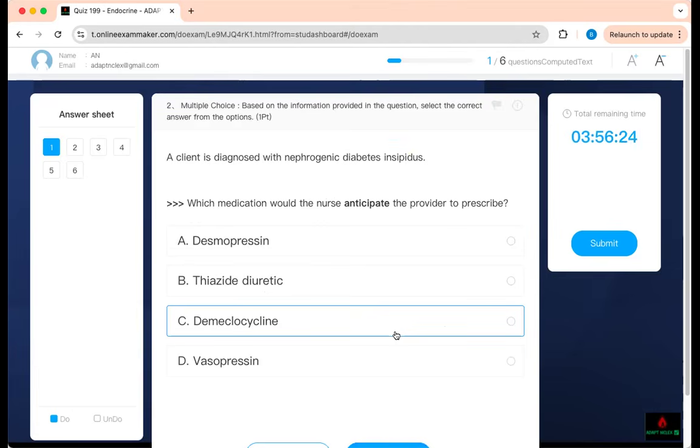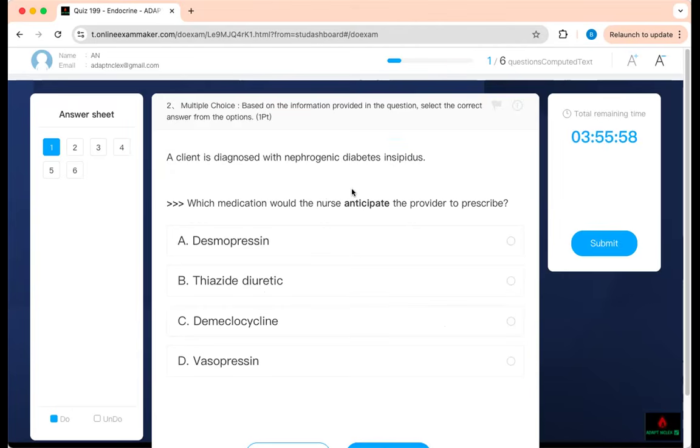Which medication should the nurse anticipate the provider to prescribe? Buzzword: anticipate. What are they talking about? A client diagnosed with what? You see the words nephrogenic diabetes insipidus. If you don't know what nephrogenic diabetes insipidus is, trust me, you're going to pick A. But I will show you a test taking strategy.